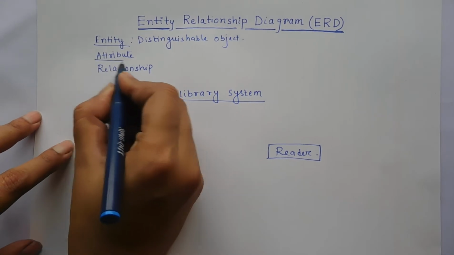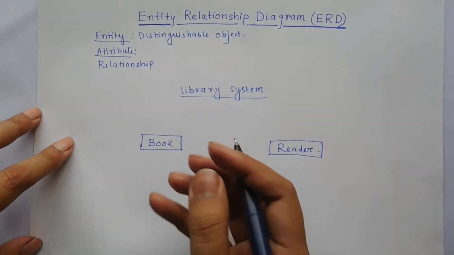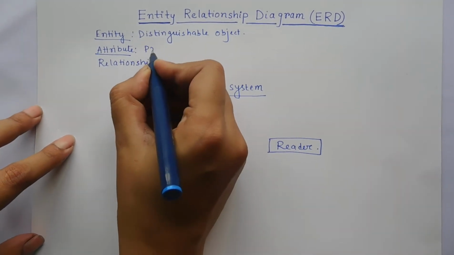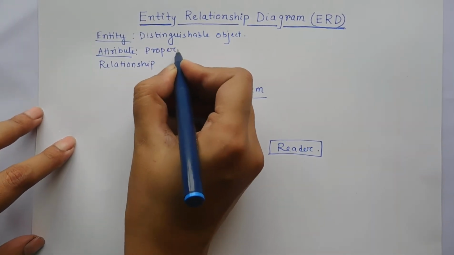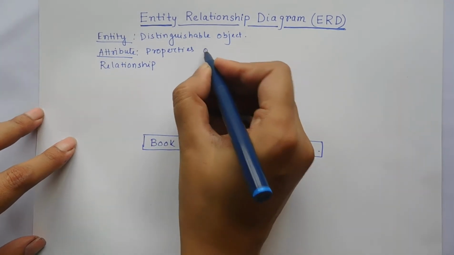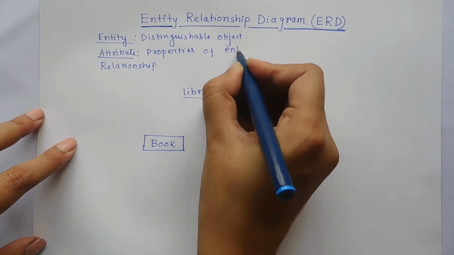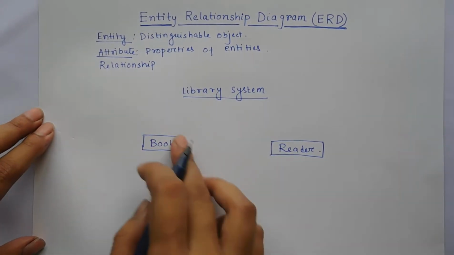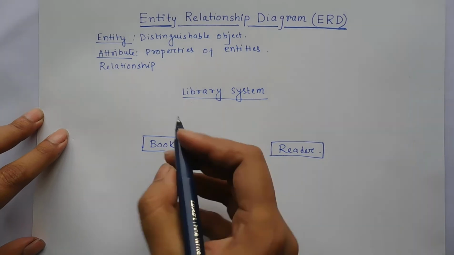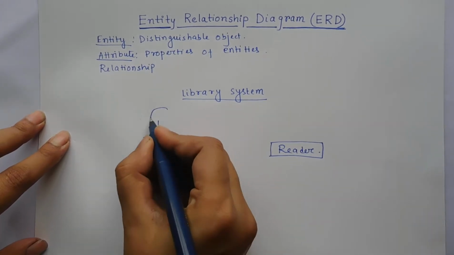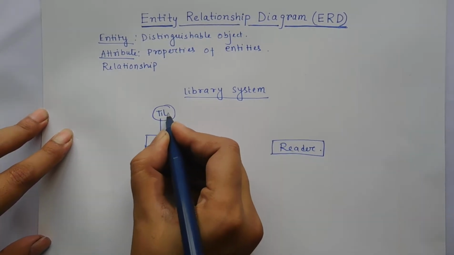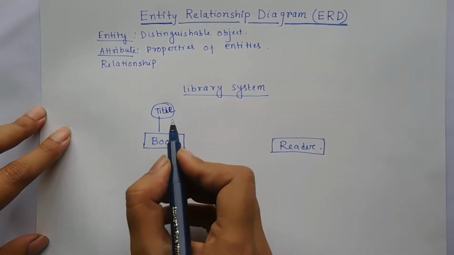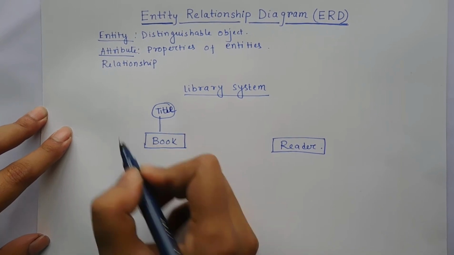Now we have to find what is an attribute. Attribute means the properties of these entities. So what are the properties of the books entity? Its title, and we represent the attributes in an ellipse.